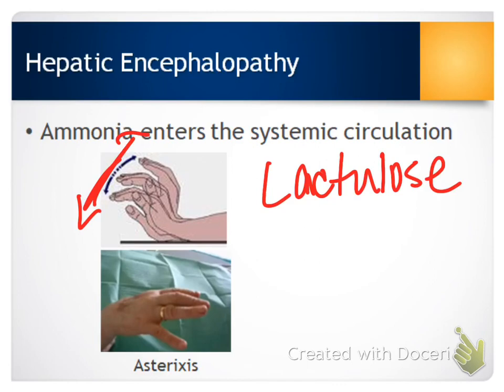If they are too comatose, let's say, other options would be to put an NG tube down and administer the medication through the NG tube. The other way is through retention enema, so it can be absorbed rectally as well. So those are your two ways to give lactulose. And then as the person expels the ammonia through the stool, you will see their symptoms resolve.